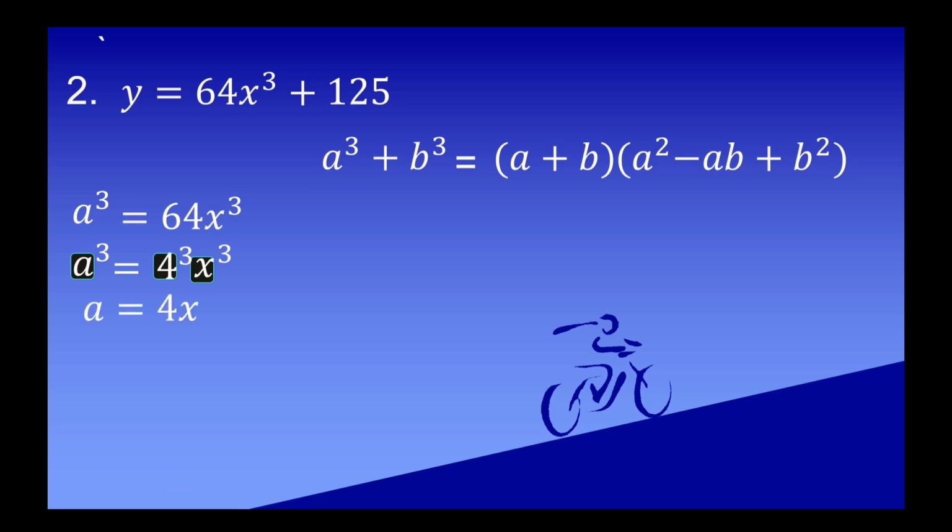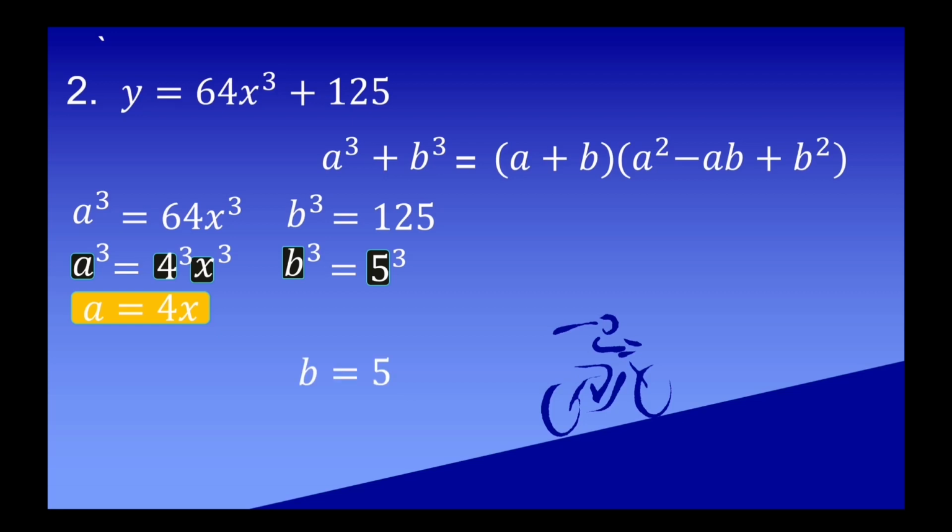That is our a. Then for b cubed, it is equal to 125. Applying the exponent form, 125 can be written as 5 cubed. So we are using here the base, b is equal to 5.